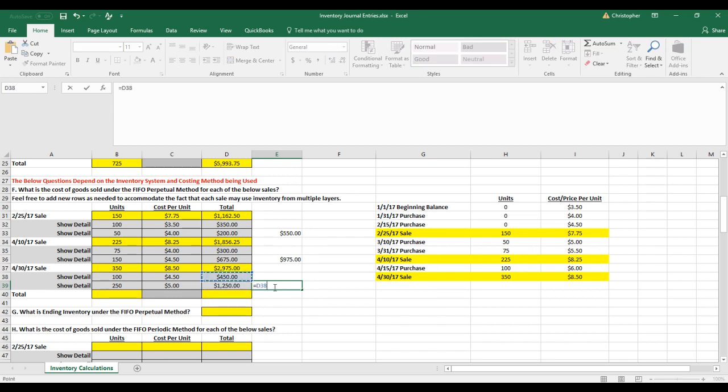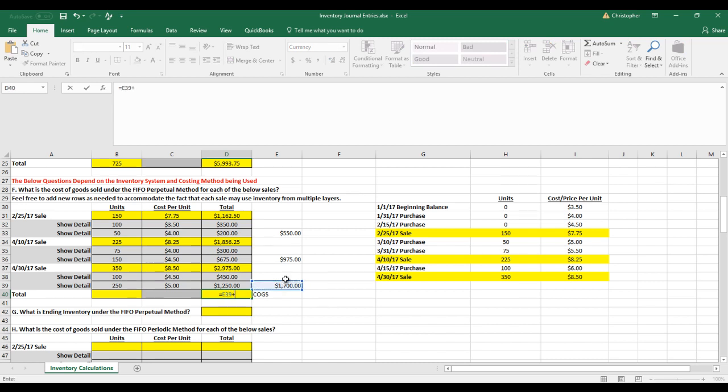Again, like we did above, we could add these two costs of goods sold together. We had 350 units sold for $2,975. It cost us $1,700 for that. So now down here, what I was really looking for, I know the template doesn't really illustrate this all that well, was the total cost of goods sold, because that's our main concern here.